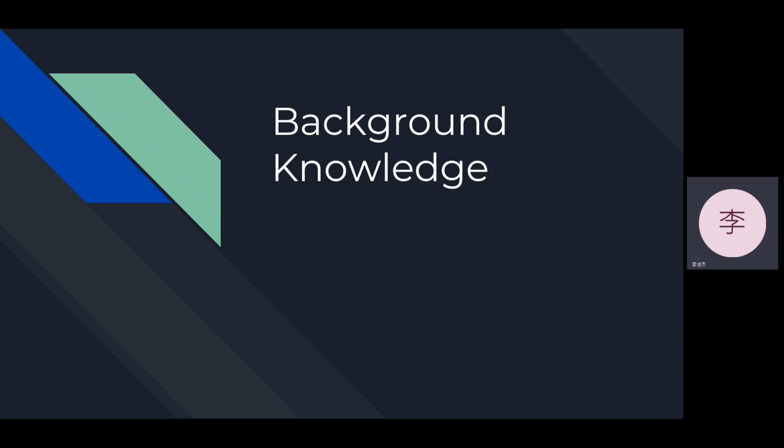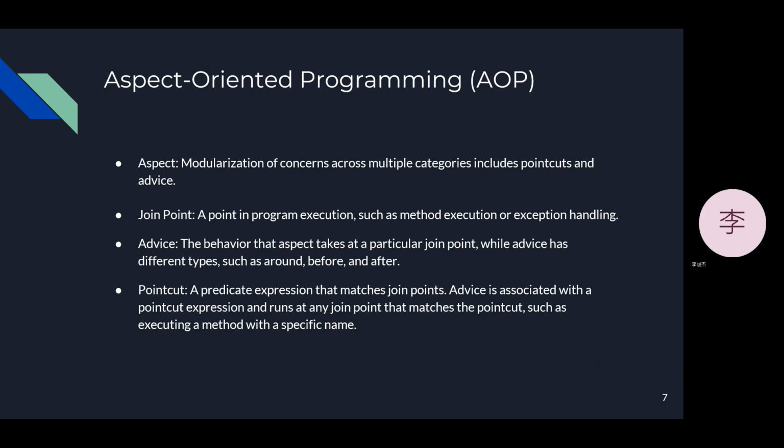And here is our background knowledge. We will use aspect-oriented programming, that is AOP, which has four items. Aspect: modularization of concerns across multiple categories, including pointcut and advice. Join point: a point in program execution, such as method execution or exception handling.